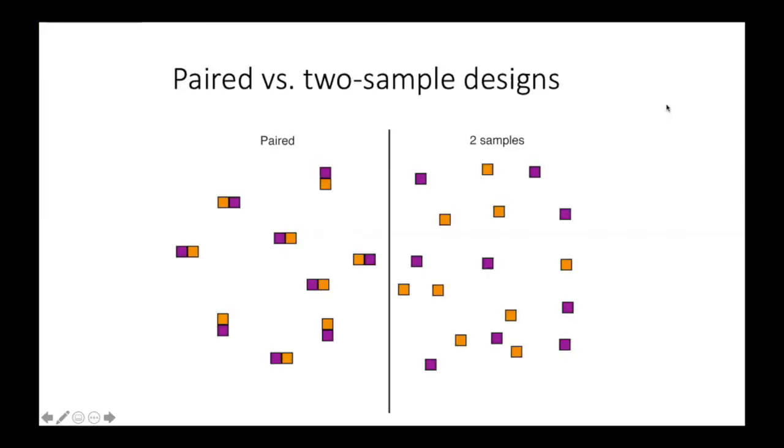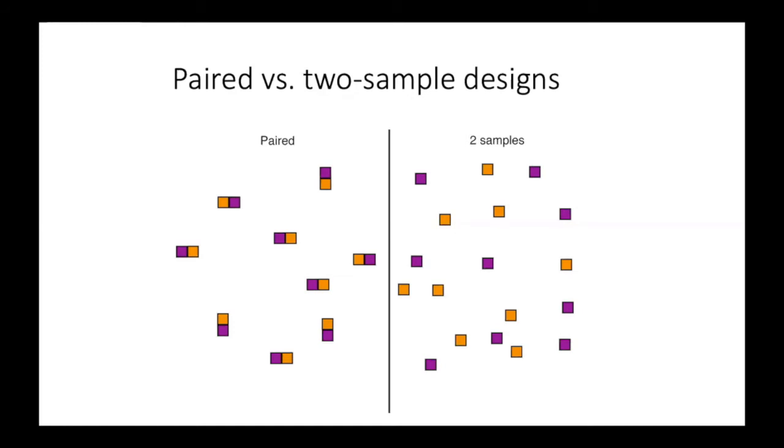In this diagram, then, I'm just graphically depicting the difference between an independent sampling design and a paired sampling design. So in the figure on the right, we've got our two samples, purple and orange, but each of the observations in those samples is independent.